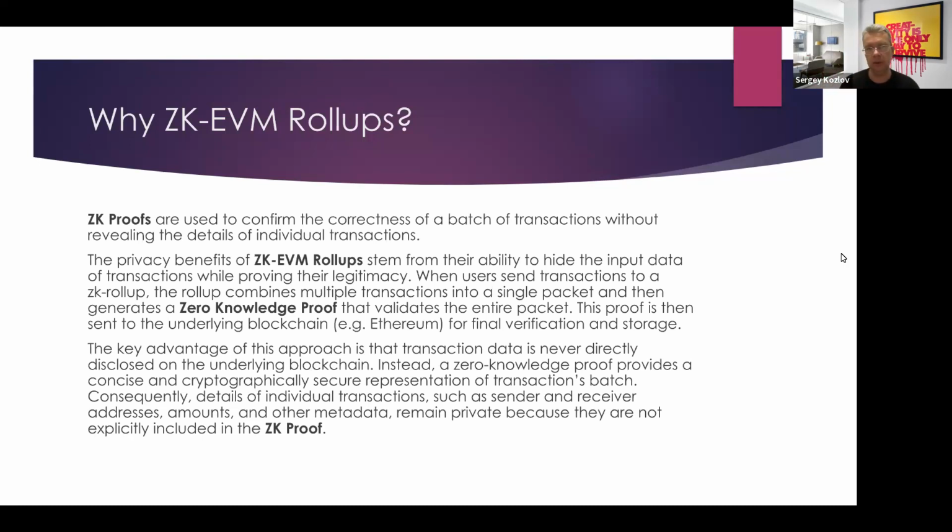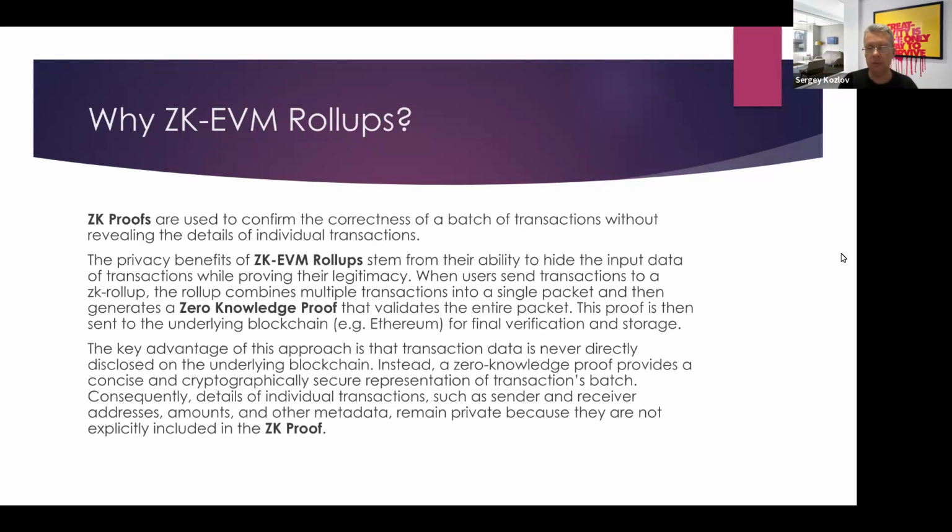This is the scalability, and the privacy is that when you see these proofs and these transactions on this smart contract which sits on Ethereum mainnet, you will not understand what exact transactions happened in your ZK rollup.